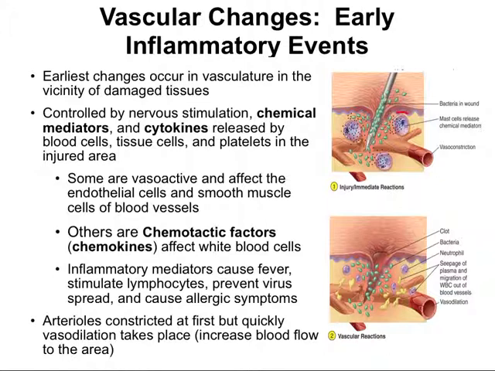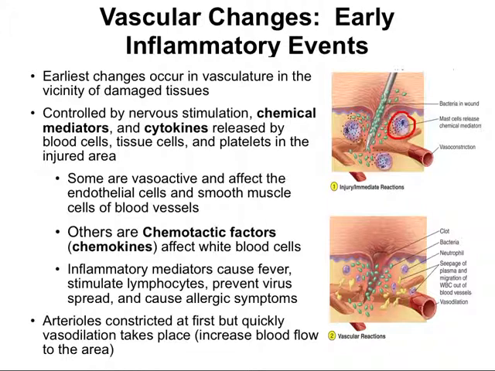Here we can see the mast cells releasing chemical mediators. Some of these chemical mediators are vasoactive and affect the endothelial cells and smooth muscle cells of the blood vessels. Others are chemotactic factors or chemokines. These affect white blood cells and may draw them out to the site of injury.